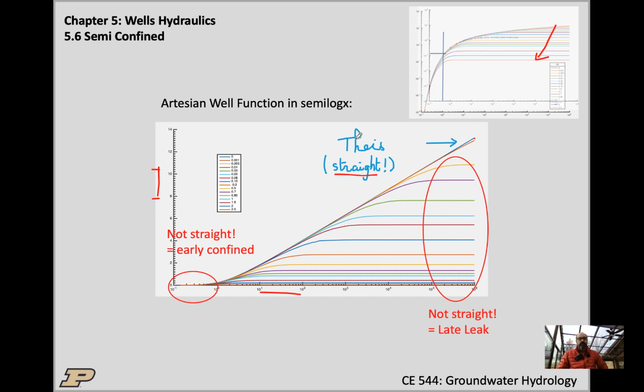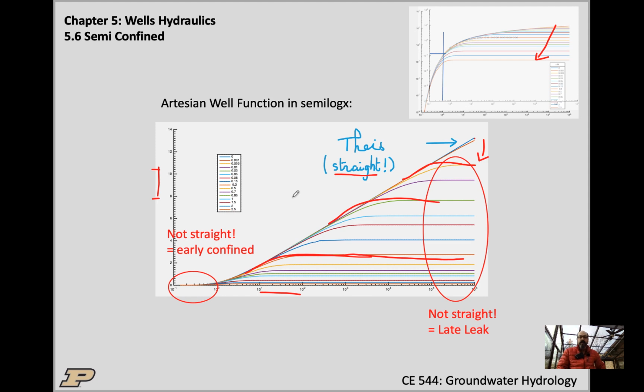Everything is consistent, obviously. Now, as we go down, you can see these different curves are those different drawdown levels that the well will eventually reach. A little bit of leakage will get it very late, but if there's a lot of leakage, we can have a very early onset of that equilibrium because there's a ton of water coming from this other aquifer, basically. This is how you read those.